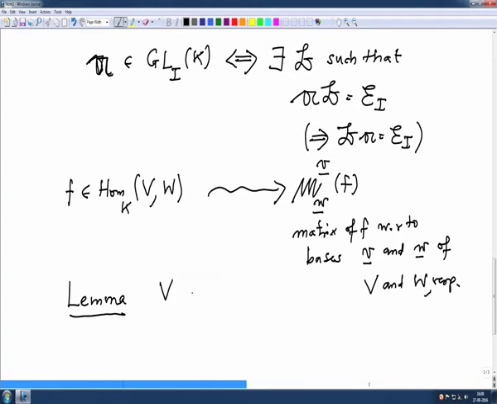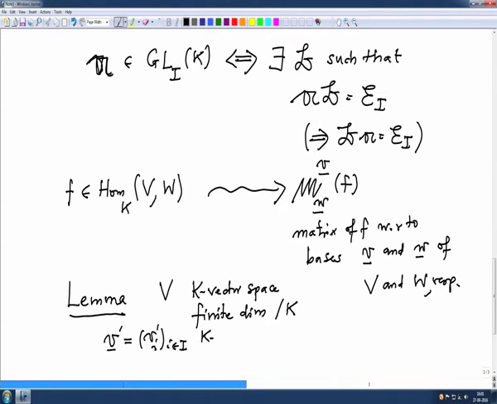V is a finite dimensional vector space over K, and I have a given basis (v_i'), i in I. This is a K basis of V, and another family indexed by the same indexing set, (v_i), i in I. This is not a basis, just a family in V, indexed by the same set, so they have the same number of elements.